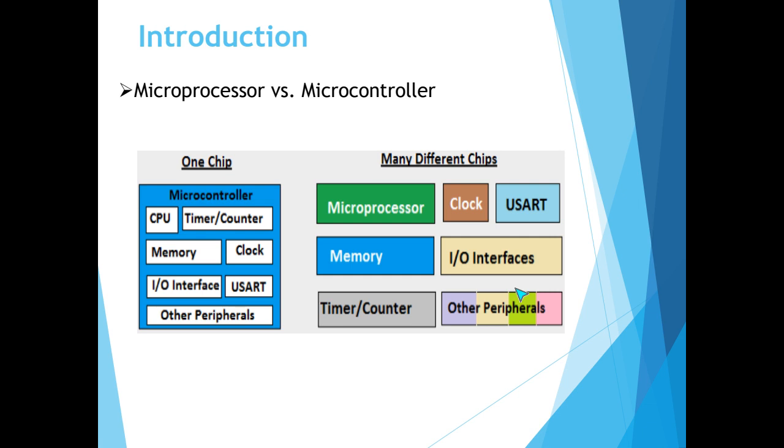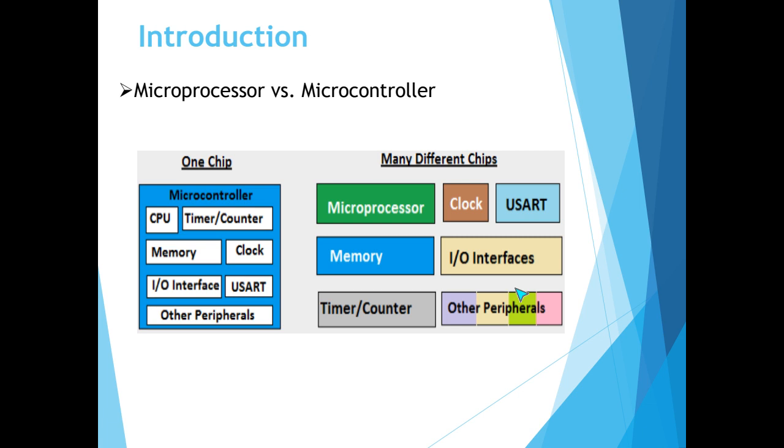For example, when we are using a microprocessor and we want to create an interrupt or a delay in our code, because we don't have a clock or other peripherals inside the microprocessor, we need to add these extra peripherals to our system to perform different tasks and to use the microprocessor for different applications.